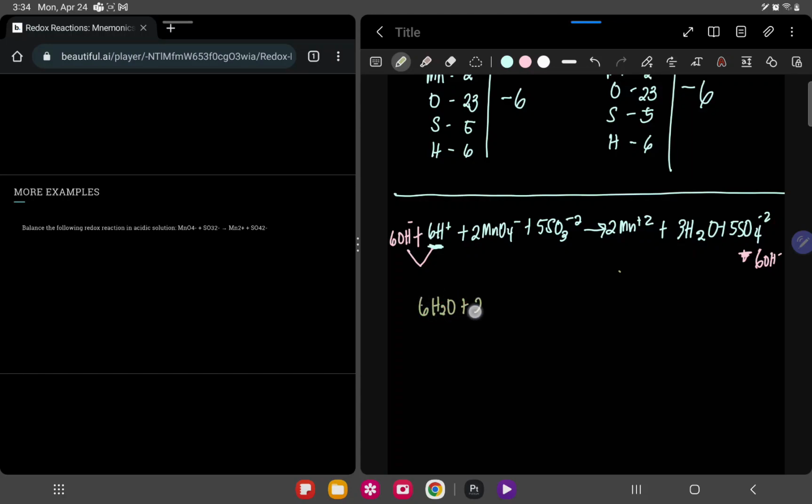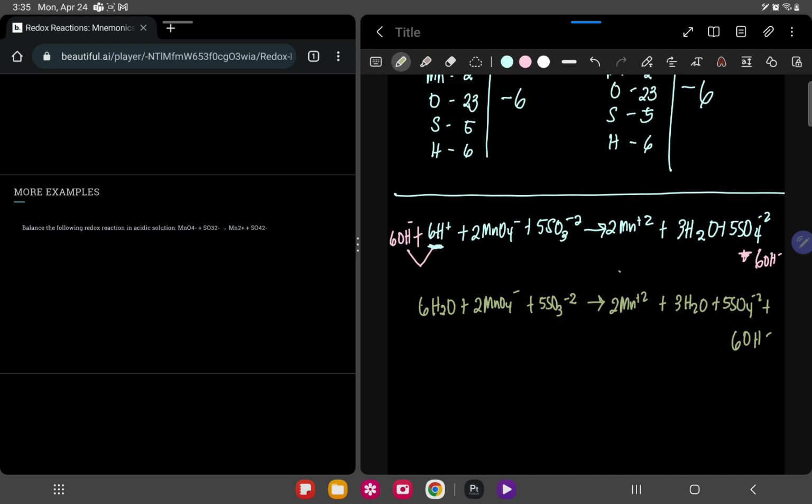And then we have plus 2MnO4 minus plus 5SO3, and then it will become 2 manganese plus 2 plus 3H2O plus 5SO4 negative 2 plus 6 hydroxide.